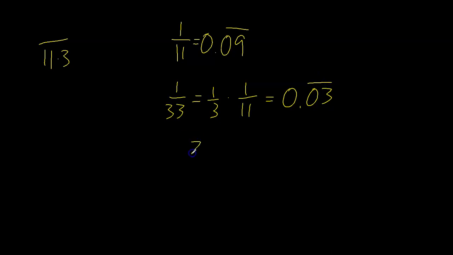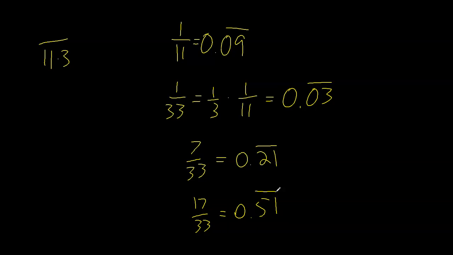For example, 7/33 must be 0.21, with the 21 repeating. 17/33 must be 0.51, with the 51 repeating, and so on.